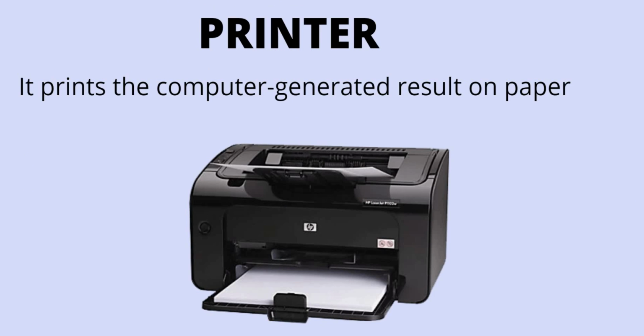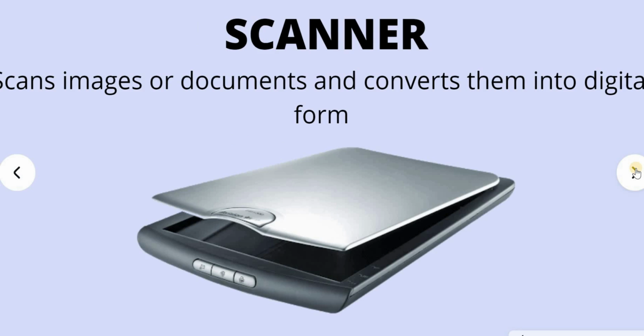Printer. It is a device that prints the computer generated results on paper. The printer prints in text or graphics or images form. A scanner. It is a device that scans images or documents and converts them into digital form.